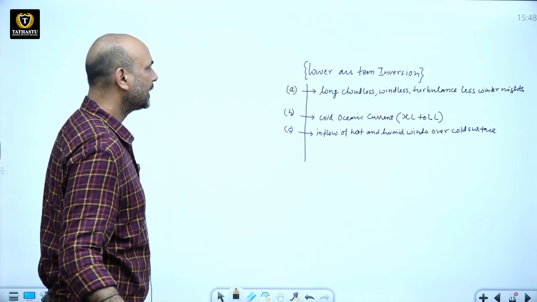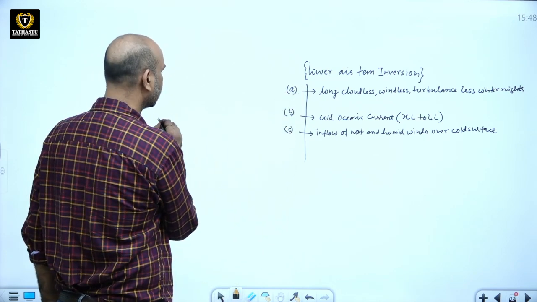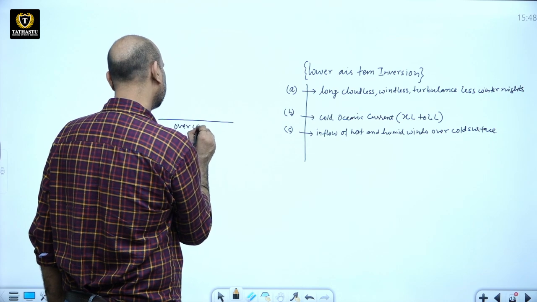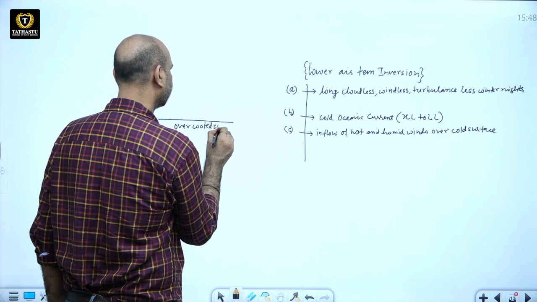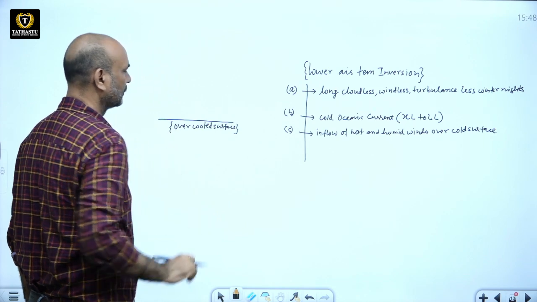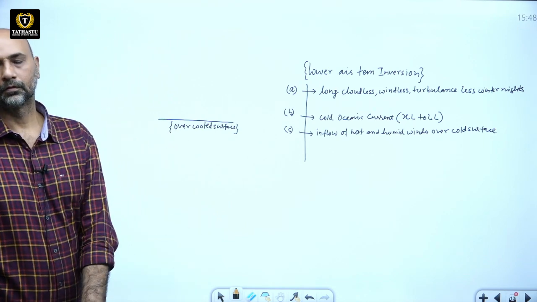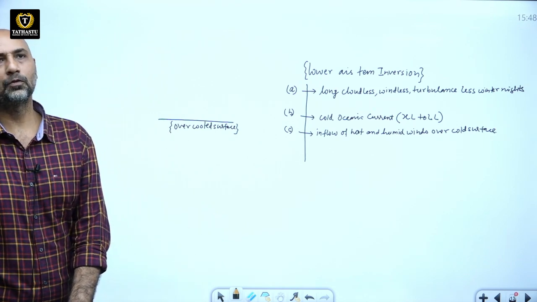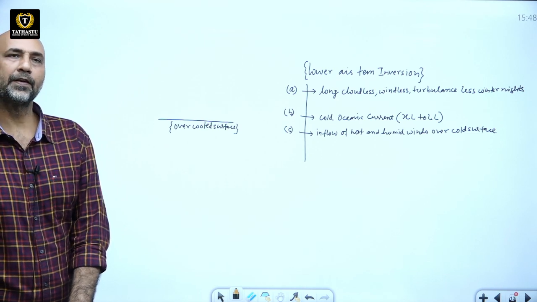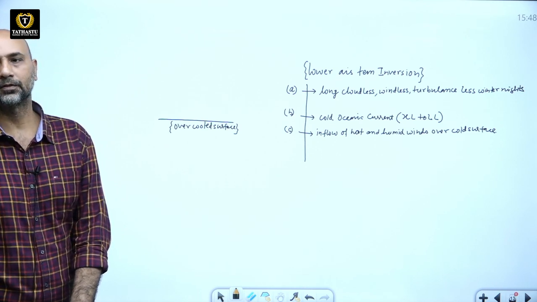So remember that in these three conditions, there is presence of overcooled surface. That could be oceanic surface, continental surface, or both.